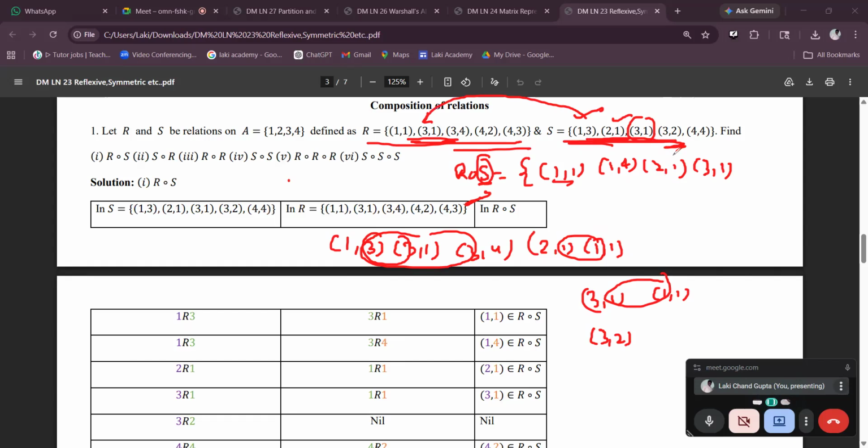No. So 4 comma 4. Yes, 4 comma 4. 4 comma 2. 4 comma 3. 4 comma 2 is a new pair, and the second new pair is 4 comma 3. So this is what R of S.